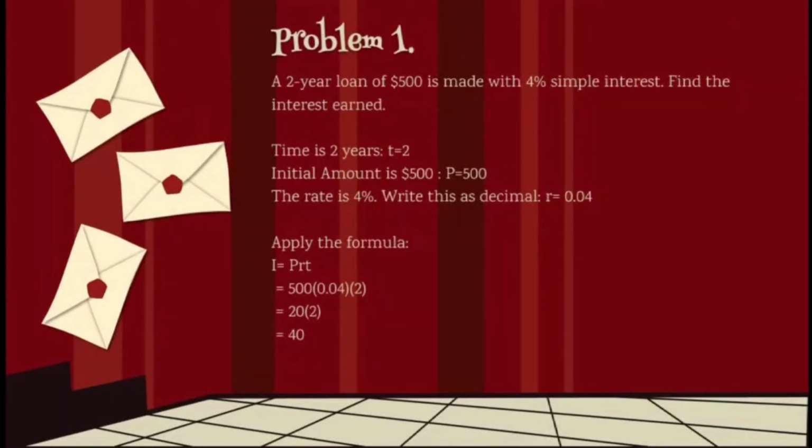Next we multiply 20 by 2. 20 times 2 is equal to 40. That is why the interest earned is $40.